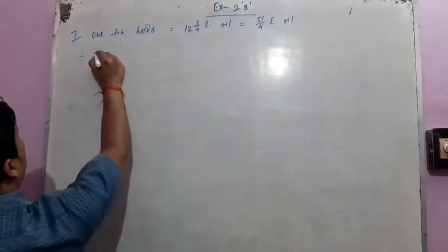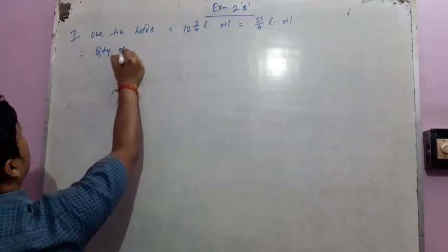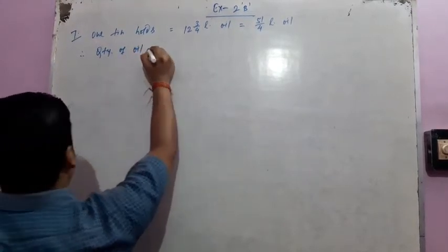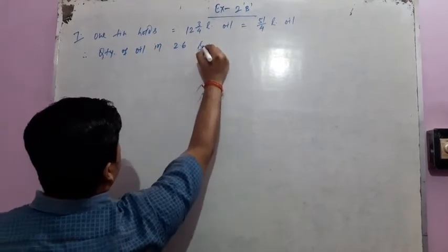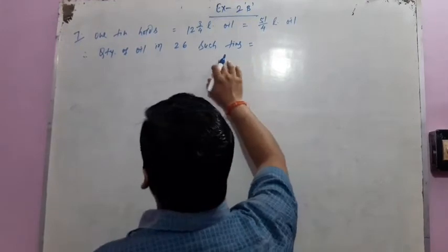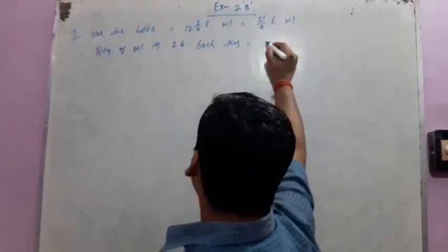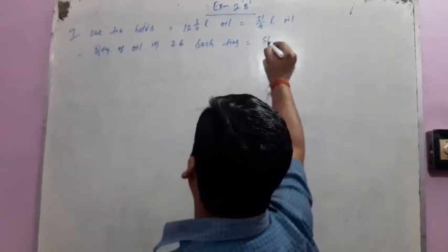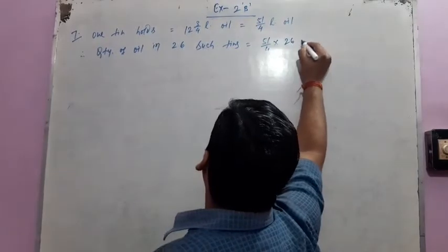Therefore, quantity of oil in 26 such tins. For finding the quantity of 26 tins, we have to multiply 51 by 4 into 26.